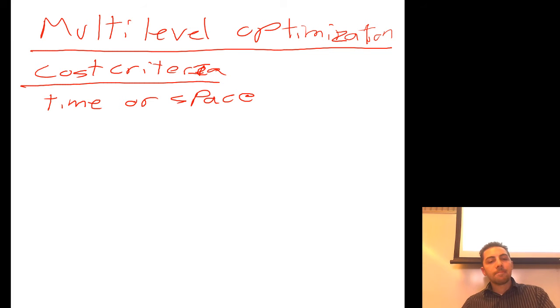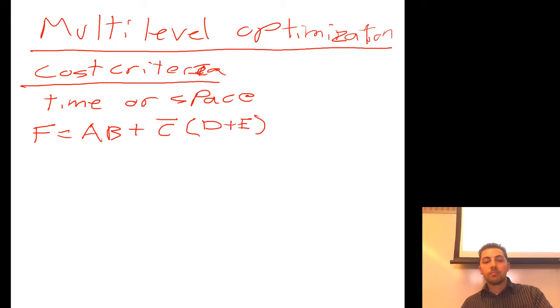So let's take a function here as an example. Okay, this is not a standard sum of product or product of sum. When we implement this, how are we going to go about doing this?